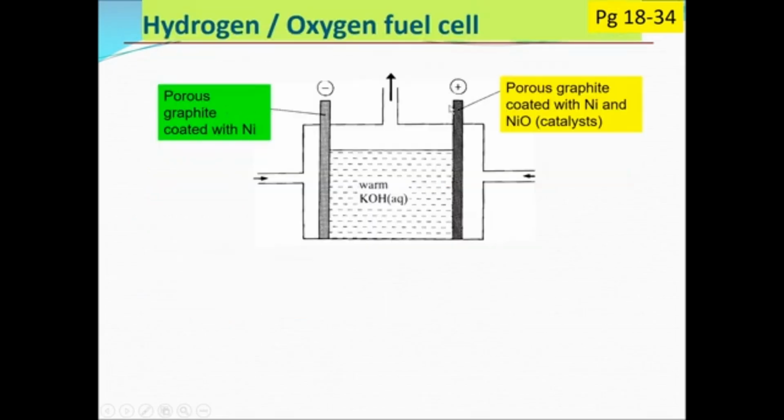Okay, so these cases, the fuels itself are clearly requiring an inert electrode. Okay, it is not the case where there's a metal electrode that's involved in the half equation. So one side, the easiest is oxygen. The other side that needs to be oxidized, okay, could be hydrogen, could be ethanol, for example, ethanol fuel cell, right?